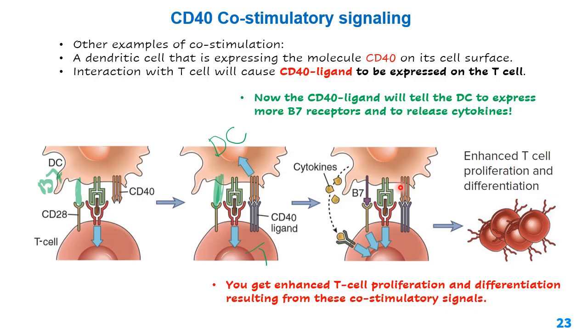This is another effect of the CD40 receptor. Once CD40 is upregulated and interacting in the dendritic cell, you're going to express more and more of your B7 receptor. But this is a bit too much detail.